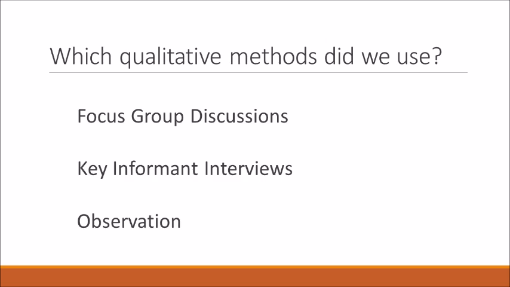Focus group discussions, key informant interviews, and observation were the main qualitative methods used during fieldwork. The sampling strategy for the qualitative methods was outlined in the inception phase and implemented in the fieldwork phase.